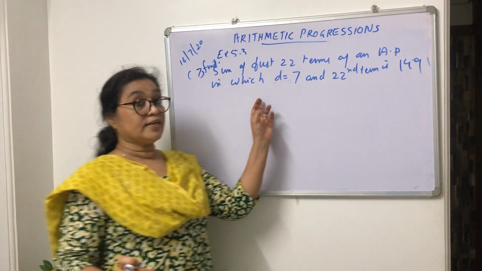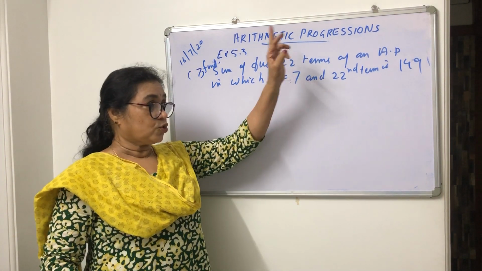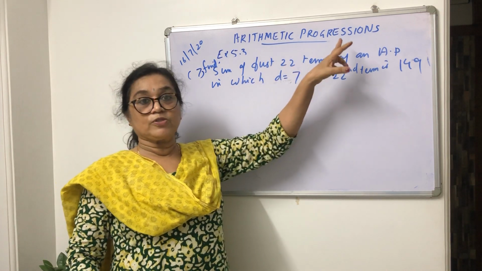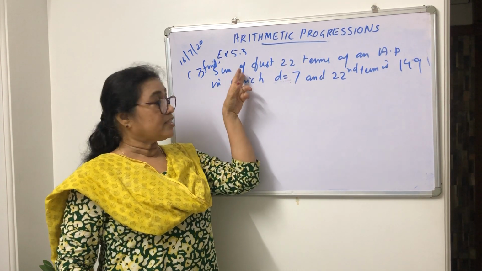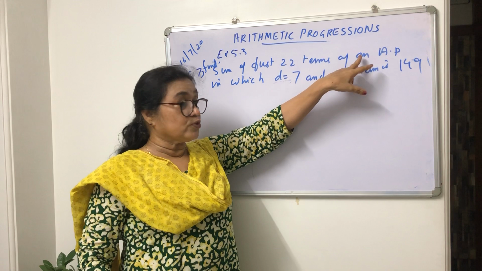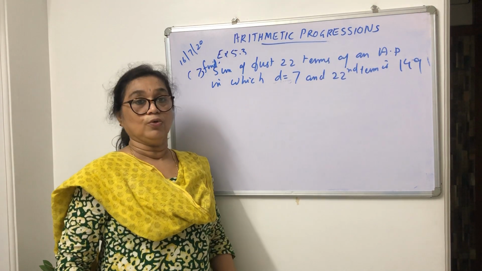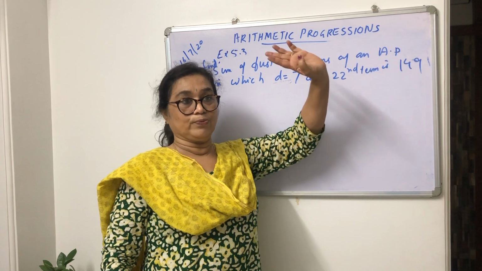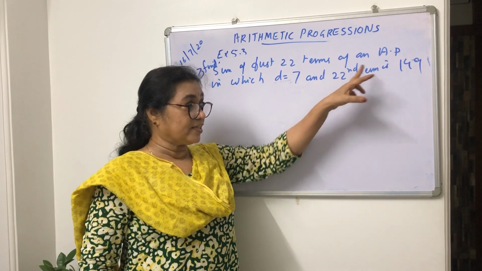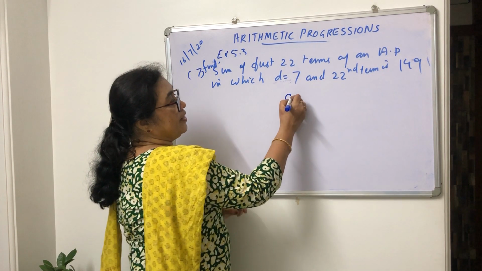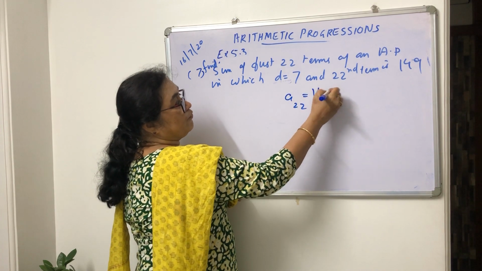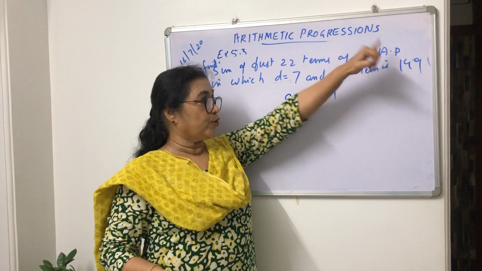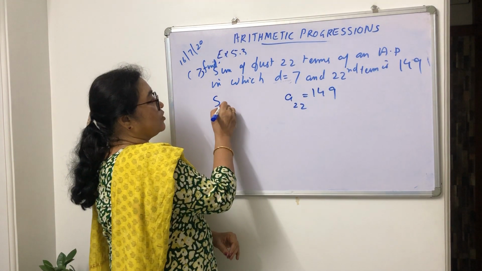You should understand the difference between 22nd term and the sum of the first 22 terms. Sum of the first 22 terms is S22. 22nd term is A22. Remember, 22nd term A22 is equal to 149. Find the sum of first 22 terms, so that is S22.